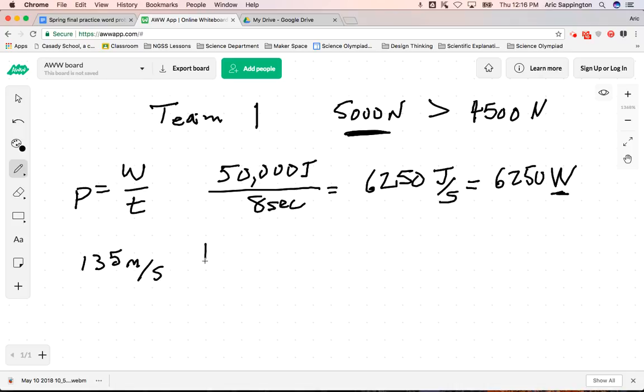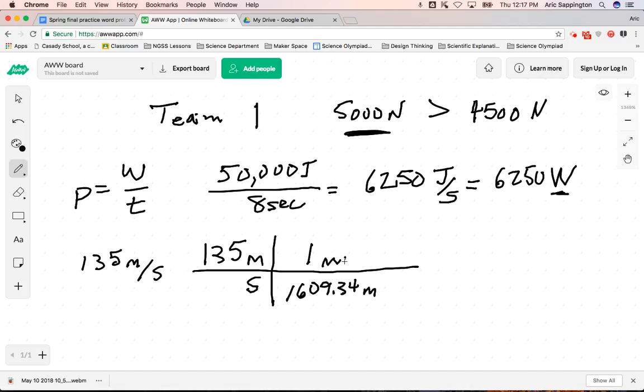So we're going to write it 135 meters over seconds, and the conversion is there for you, and there's 1,609.34 meters in 1 mile. And we need to get, there's 3,600 seconds in 1 hour.